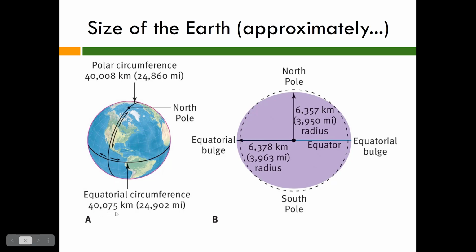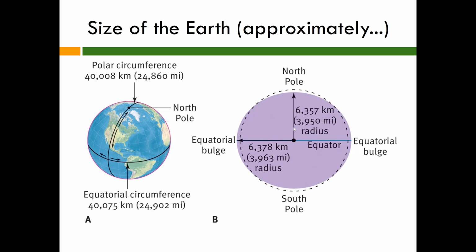You can see this equatorial circumference is a little bit longer than the polar circumference, which makes sense if you cut the Earth, like you cut a watermelon or something. It's an oval shape. It's not round. So the round globe is more of an approximation.